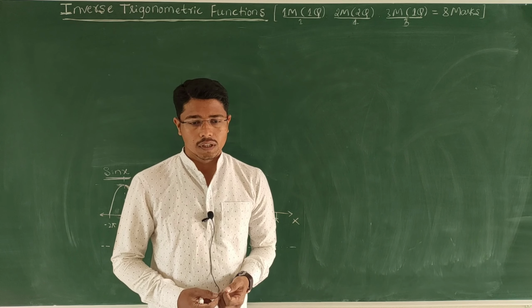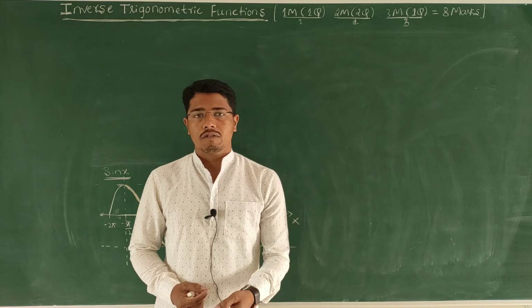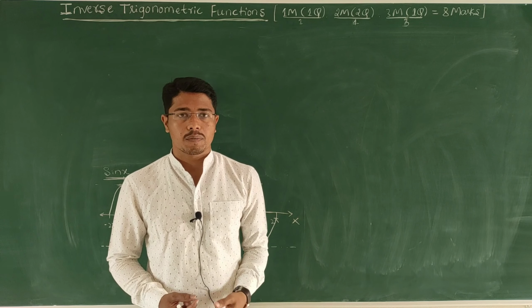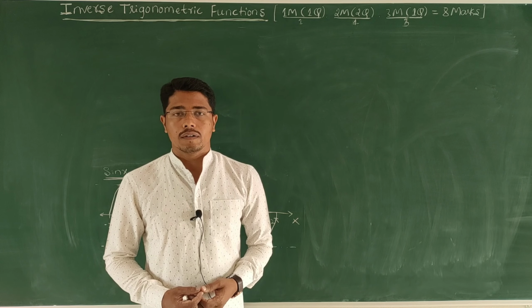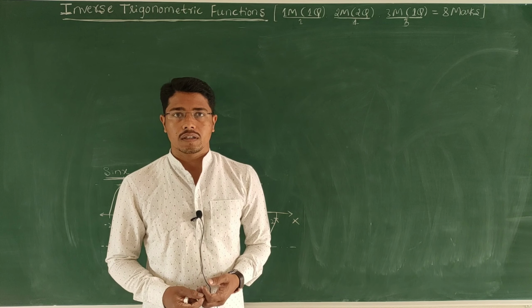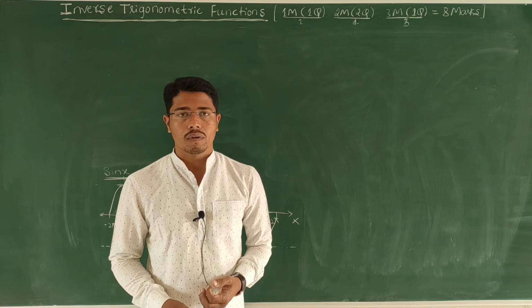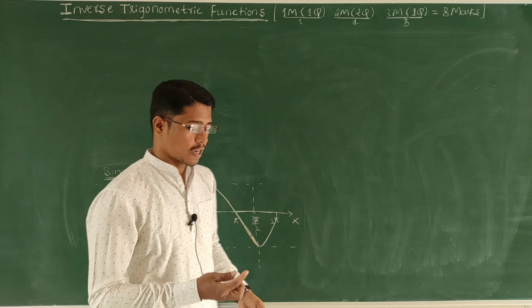To define an inverse, as we studied in the relations and functions chapter, for the existence of an inverse, the function should be bijective, means it should be one-one and onto.